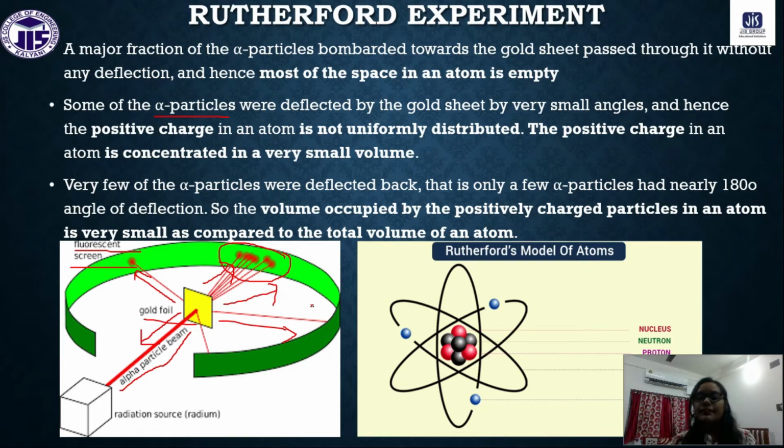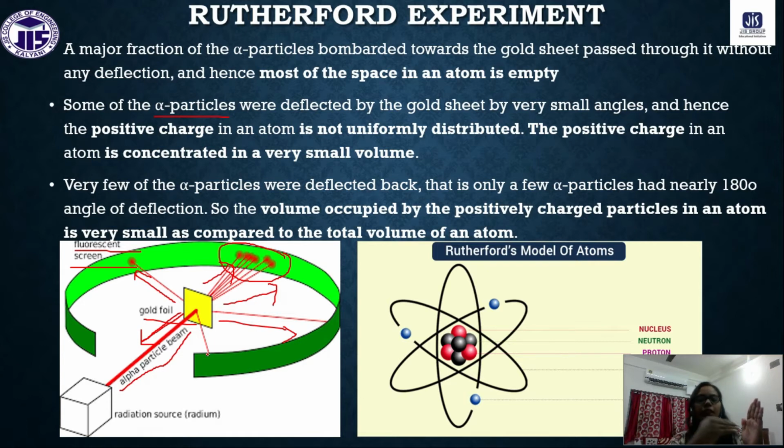Okay. The second one is that whatever alpha particles are reflected back 180 degrees, that means at the center of the gold atom there is some heavy positive charge. For that reason the alpha particle is deflected back.